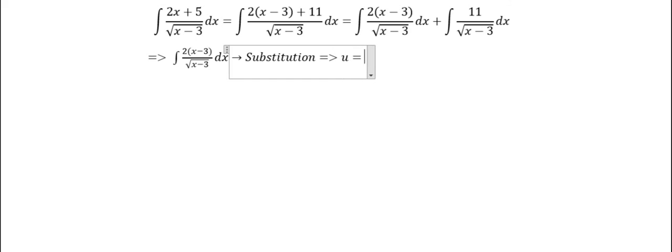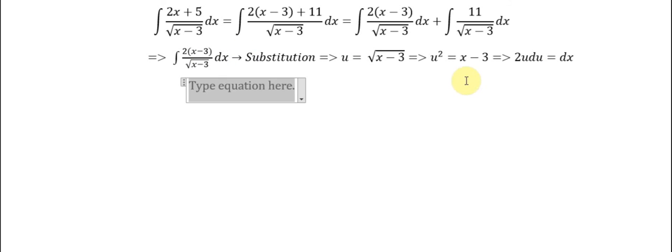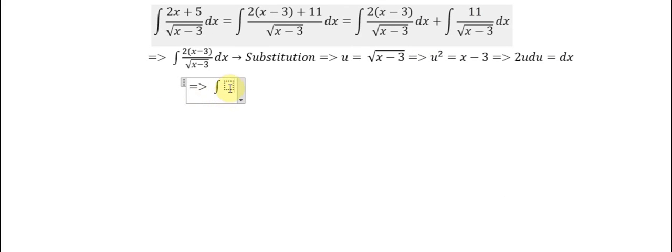That's u equal to the square root of s minus 3, and we have u power 2, we have s minus 3, and we have 2u du equal to ds, and this one that we change to two, and s minus 3 is about 2u power 2.